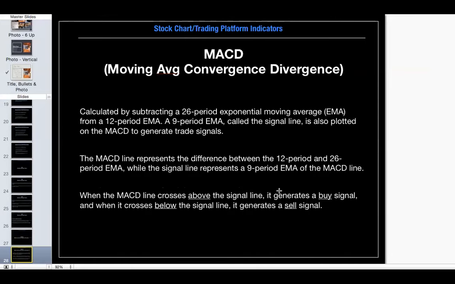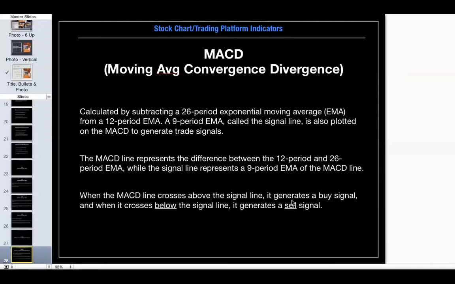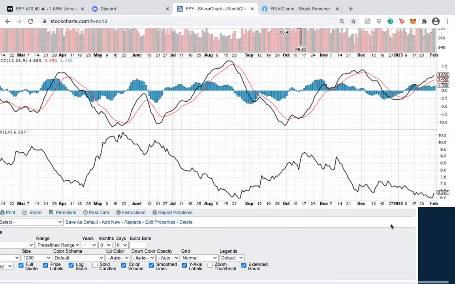So moving along from the RSI, now you have the MACD, your moving average convergence divergence, right? So the MACD is this down here, right? The MACD is this black line, and the signal line is going to be that red line, right? So the MACD is calculated by subtracting the 26 period exponential moving average, right? And look, this is showing up on the chart, the math has already been done for you. It's already calculated for you. You don't need to be a nerd and do it yourself.